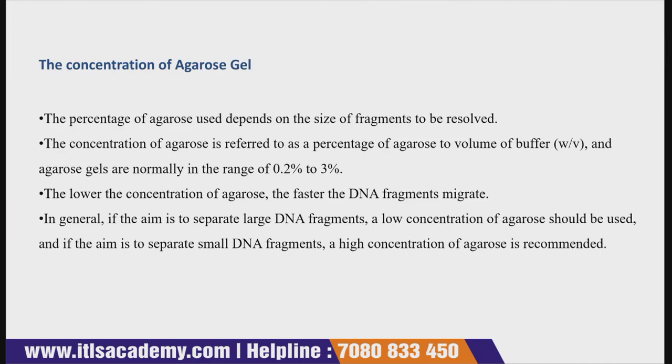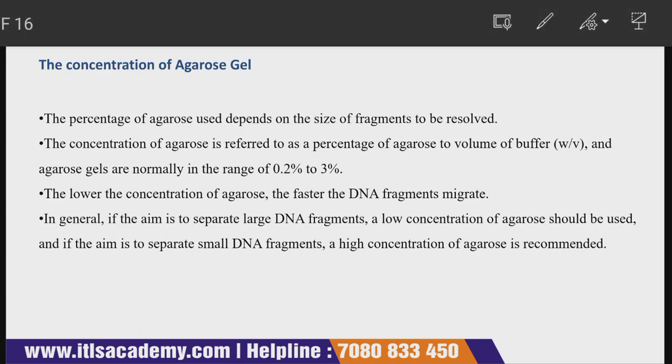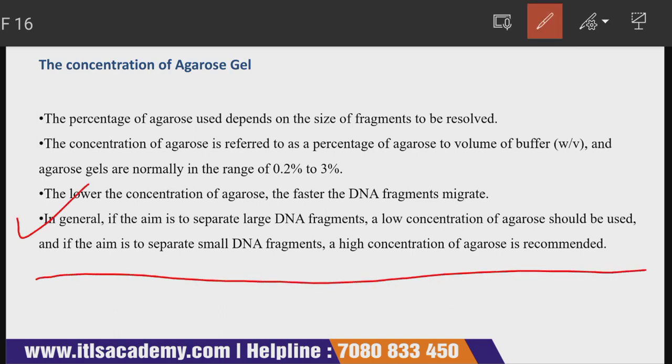So this is the concentration. You should always be aware of it, because in examinations or in various interviews they may ask you the range of the concentration. You must be aware of this term, that is 0.2% to 3%. This is very important, and this point is again very important. If you want, you can take a screenshot of this.